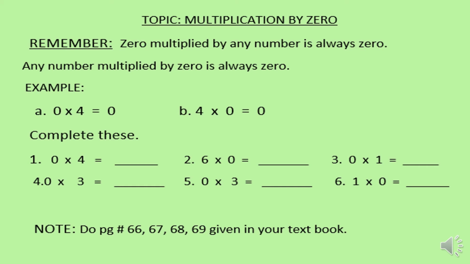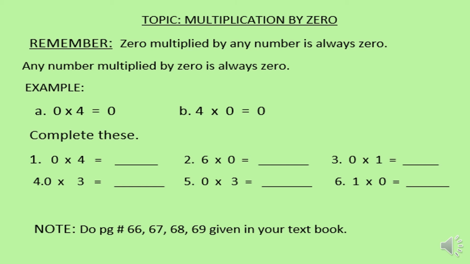Remember, 0 multiplied by any number is always 0, and any number multiplied by 0 is always 0. For example, if you multiply 0 by 4, the answer is 0. Similarly, if you multiply 4 by 0, the answer is 0. So in both cases your answer would be 0.